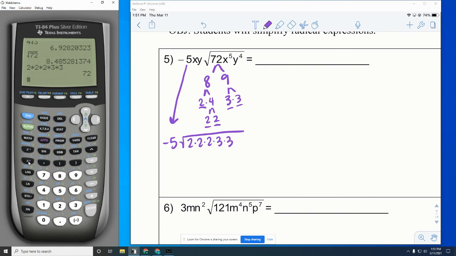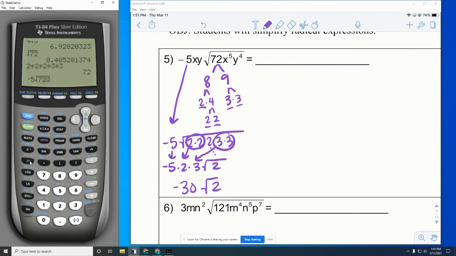Do your quick check. Perfect. So group of 2, group of 2. And then the 2 that will stay inside. So that simplifies to negative 30 square roots of 2. And I do my quick check. Perfect.